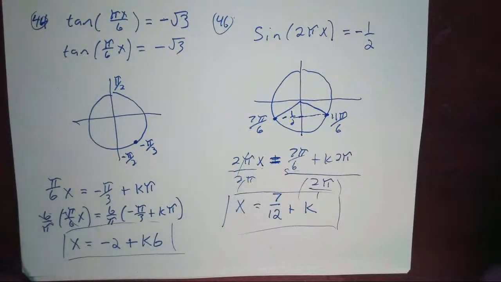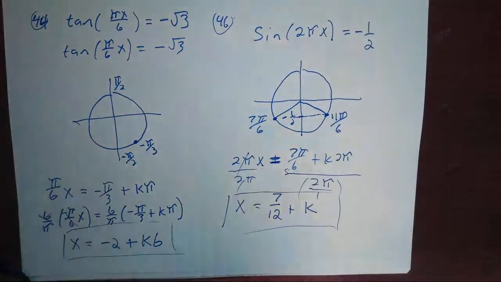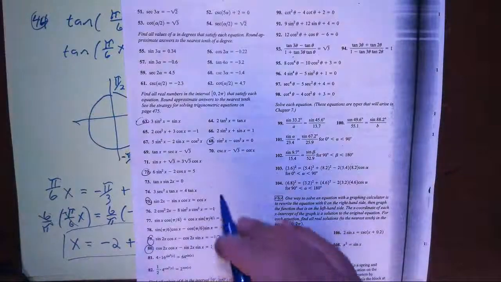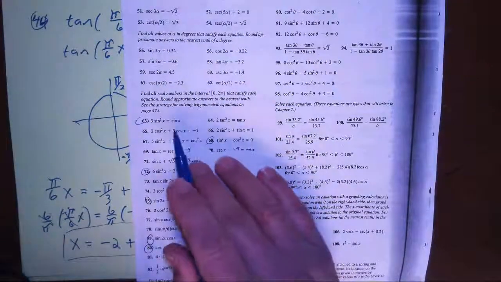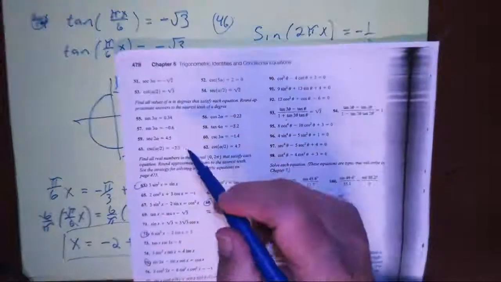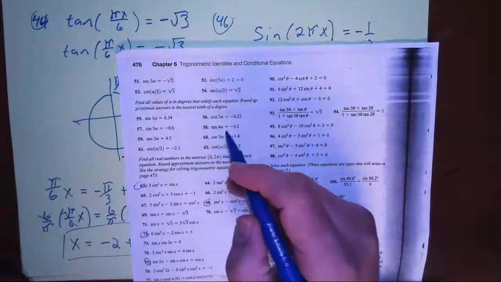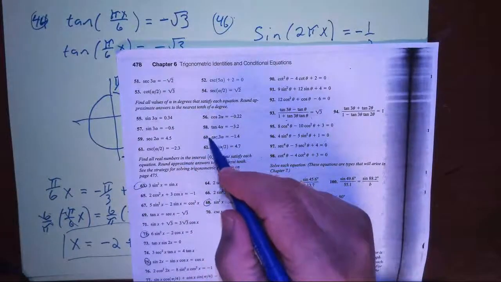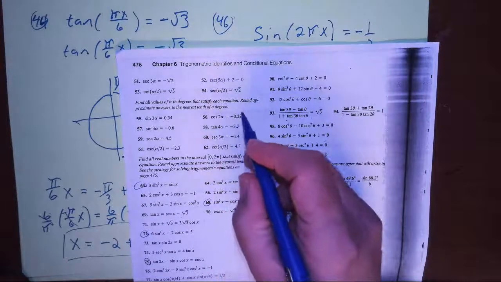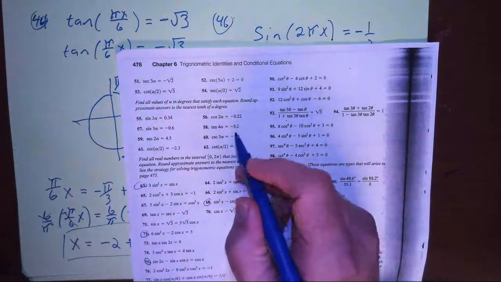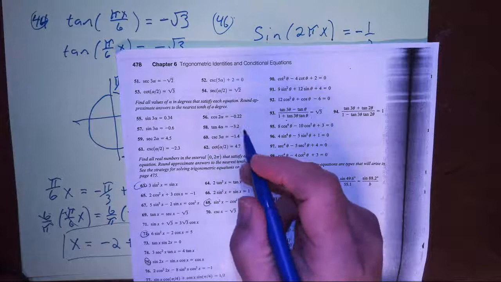Okay, so now let's look at problems 55 through 62. What they are, they're multiple angles, and they involve a function that's not a special point on the unit circle. So let me do one like 56.